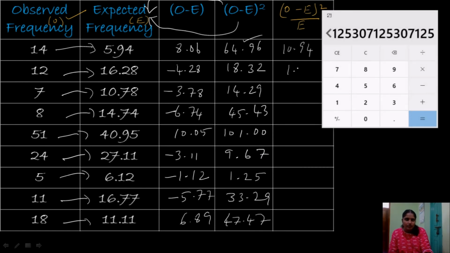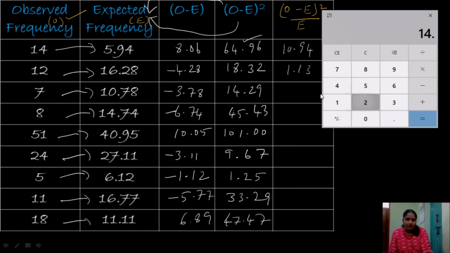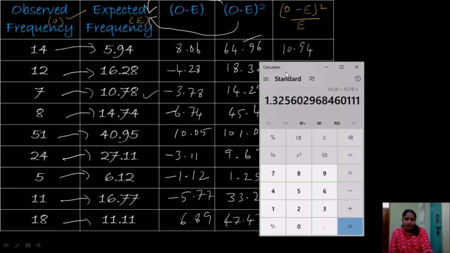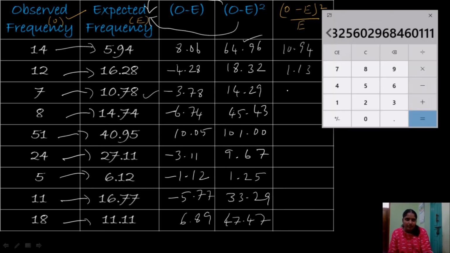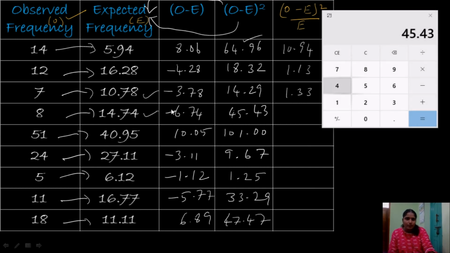So 1.13. Then next 14.29 by 10.78, we get the value as 1.325, etc. So I have to take only 2 decimal places, so 1.33. And then next 45.43 divided by 14.74.